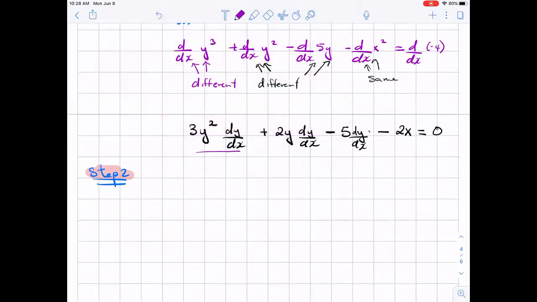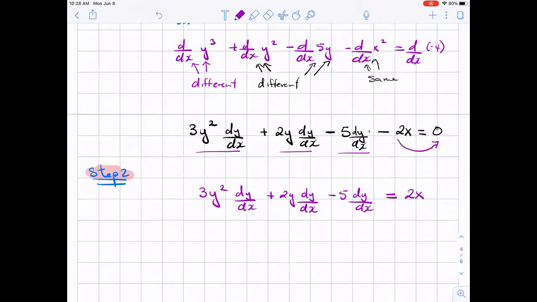So we're going to leave this term by itself, this term by itself, and that term by itself. So we end up with 3y squared dy dx plus 2y dy dx minus 5 dy dx equal to, and we take this to the other side, so that becomes 2x.